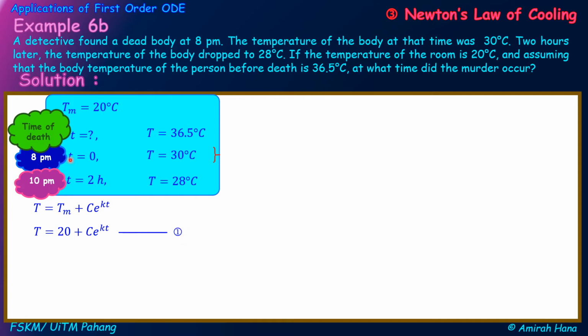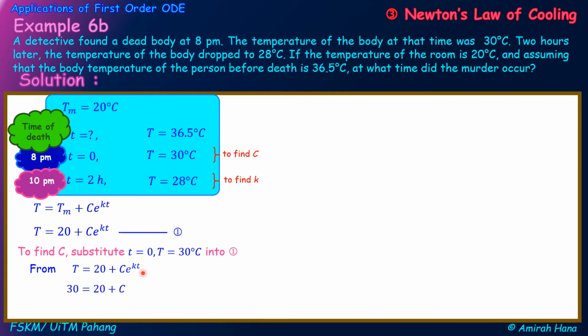Alright. After that, we substitute T equals 0, temperature equals 30 degrees Celsius, into equation 1 to find C. Then we use this information to find K. So from equation 1, T equals 20 plus C e to the power of KT.